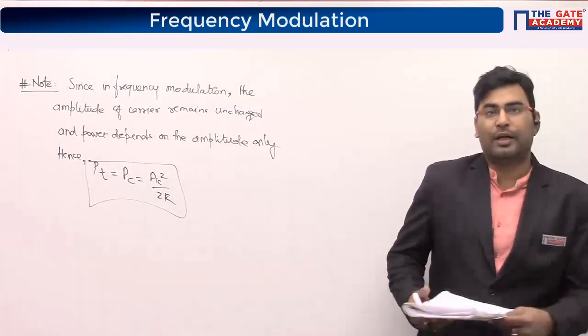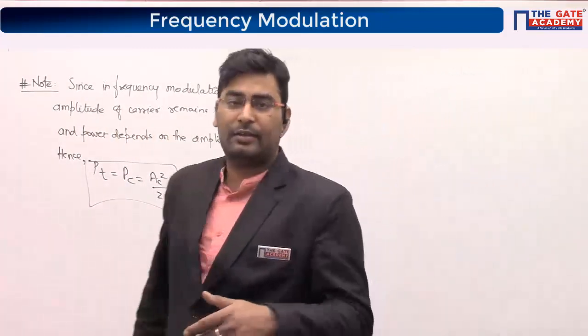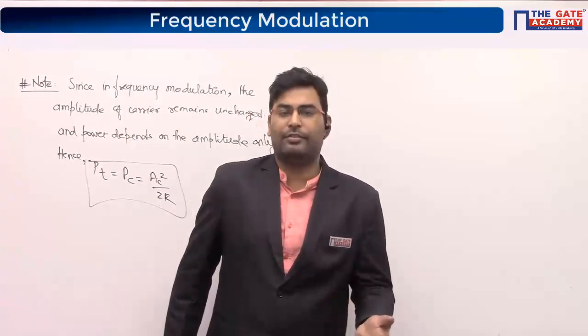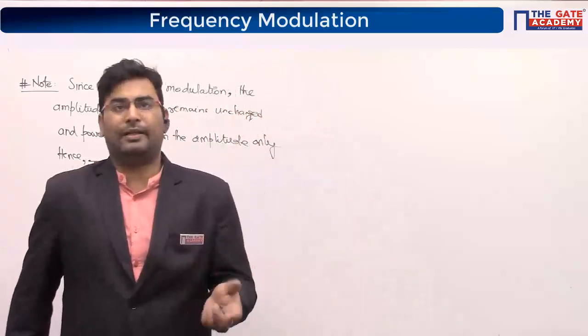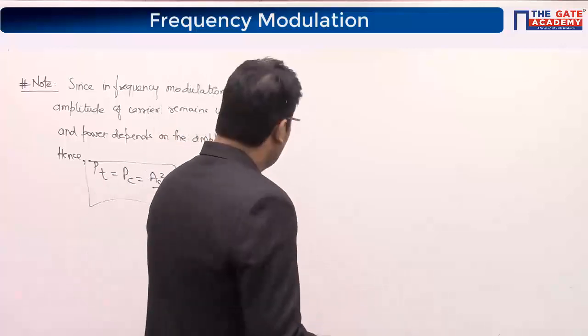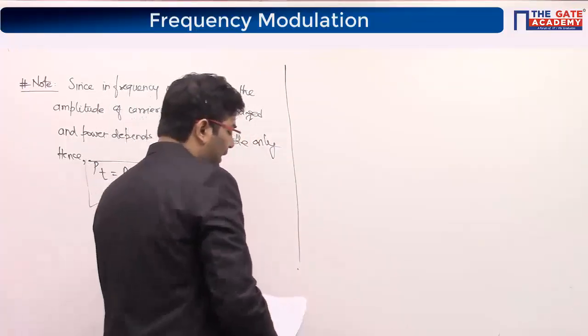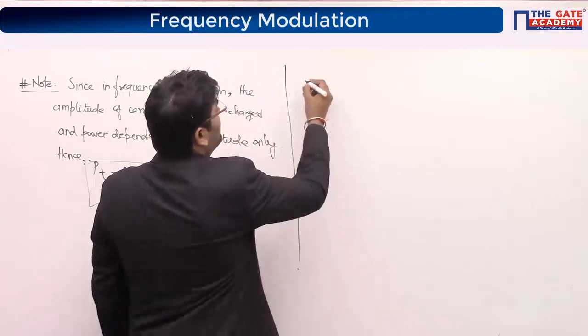Now guys, put the heading. So we are going to find what is the transmission bandwidth. Theoretical bandwidth is infinite, but what is the practical bandwidth you are getting out of this? So there was one person who gave this idea, and that is known as Carson's rule.